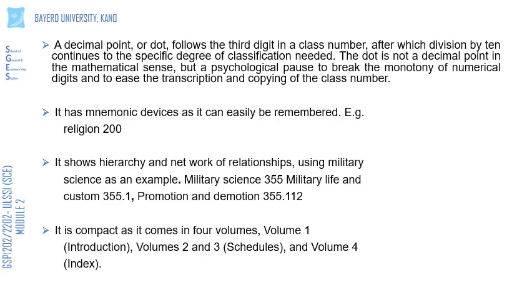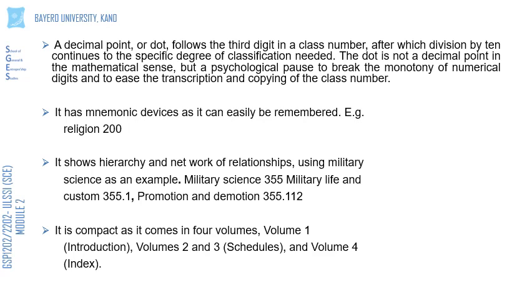There is a decimal point following the third digit in a class number, after which division by tens continues to the specific degree of classification needed. The dot is not a decimal point in the mathematical sense, but a psychological pause to break the monotony of numerical digits and to ease the transcription and copying of class numbers.